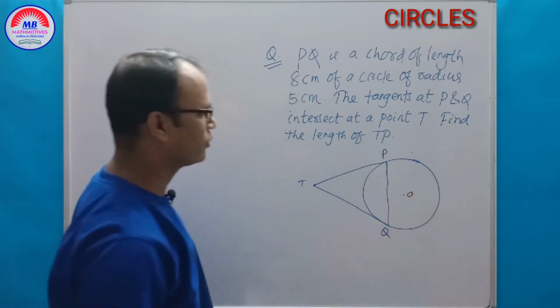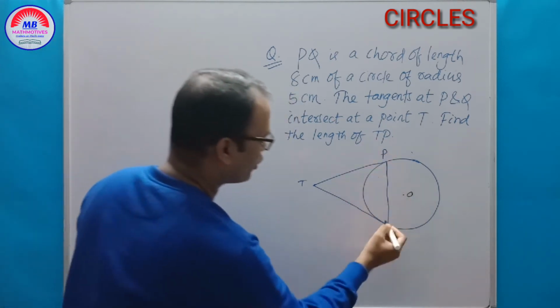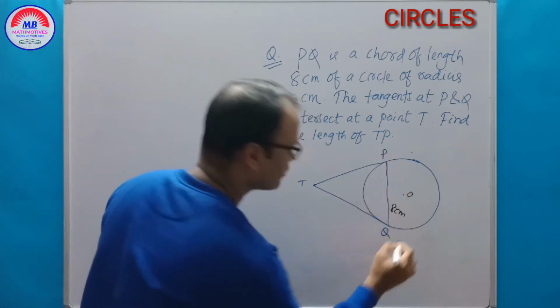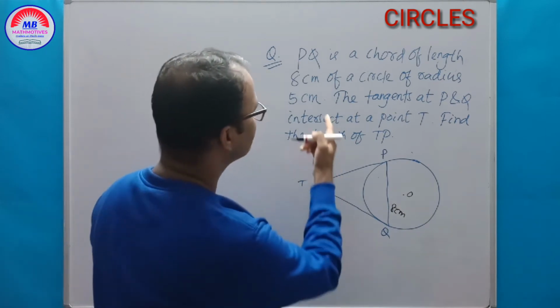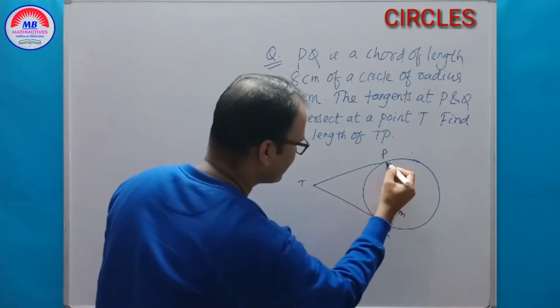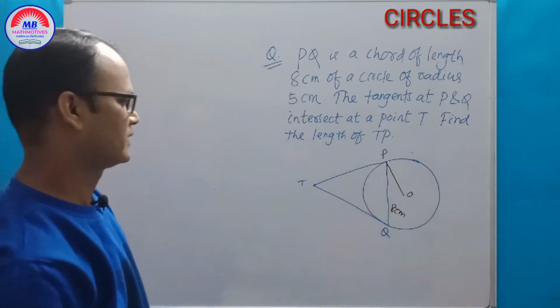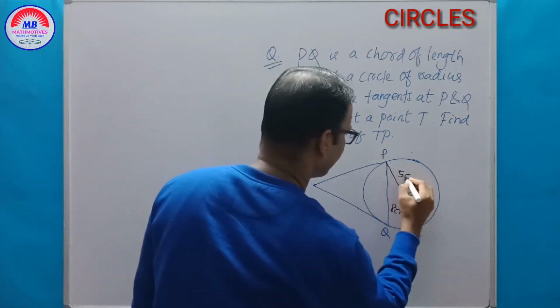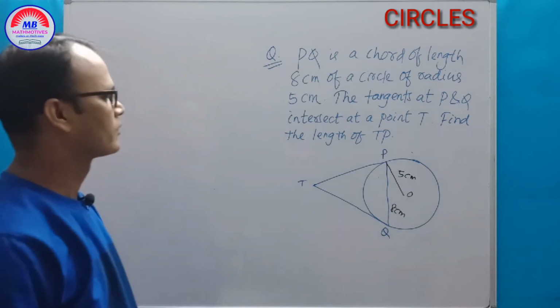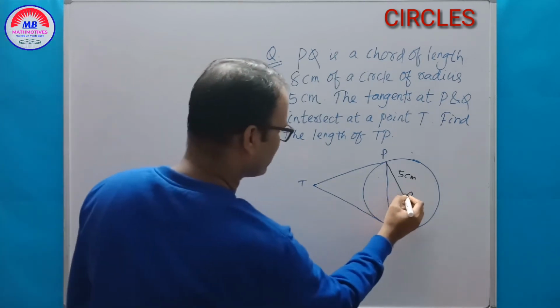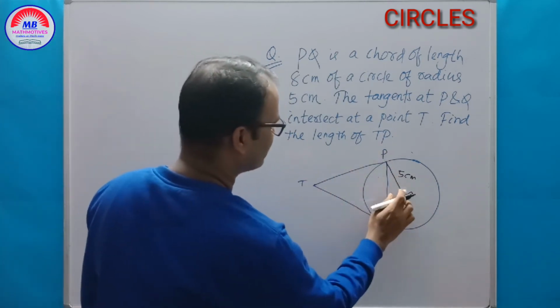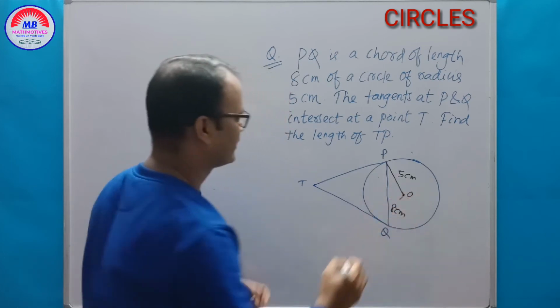The center is O, the chord is given as 8 cm, and the radius is given as 5 cm. Let's join this point. What to find? We have to find the value of TP.